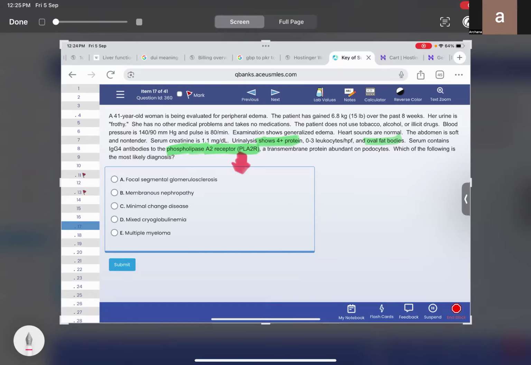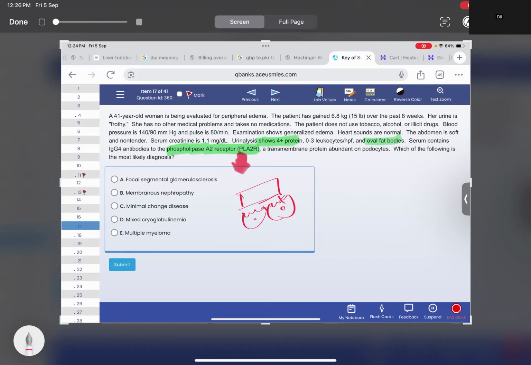Membranous nephropathy. Is the protein present on the basement membrane or podocytes? I think the receptor is on... I forgot.